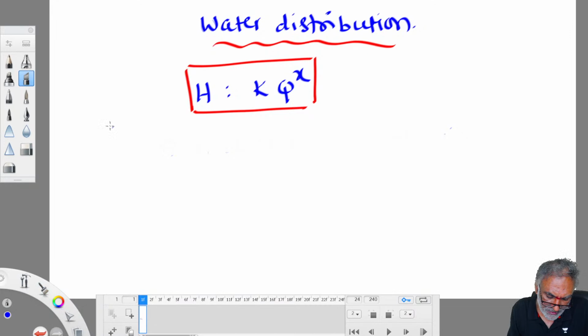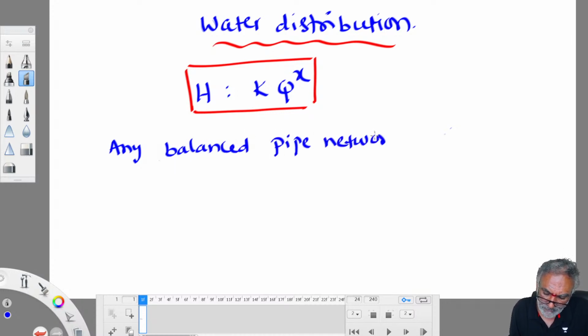So any pipe network, any balanced pipe network carrying correct flow rates has to satisfy the following conditions.